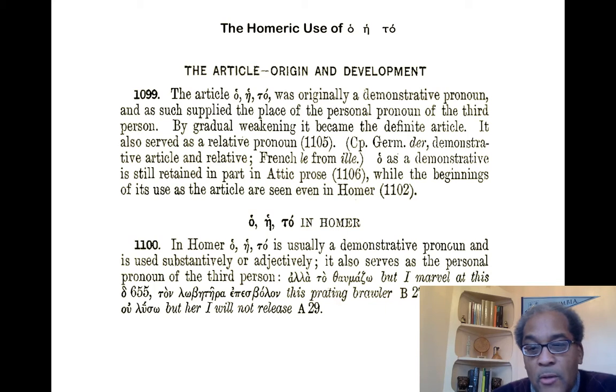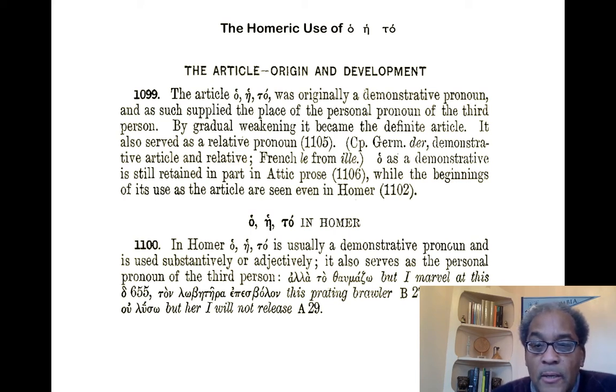And then I'll go to the last example, very famous. Tḗn egō lúsō. This is Agamemnon's denial that he will not release the daughter of the priest Chryses back to him. Her, tḗn, I, lúsō, will not release.